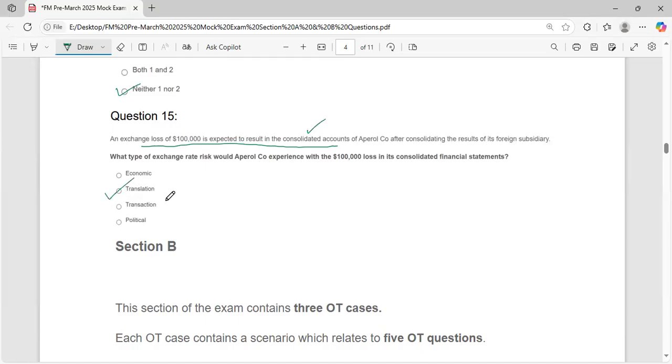Transaction risk is the one which is relevant with a future transaction which will be held at a predetermined date, either receipts or payment, and probably this receipt or payment will be in foreign currency. So here the correct option is translation risk. So we are done with all the first 15 MCQs of our pre-March mock 2025.